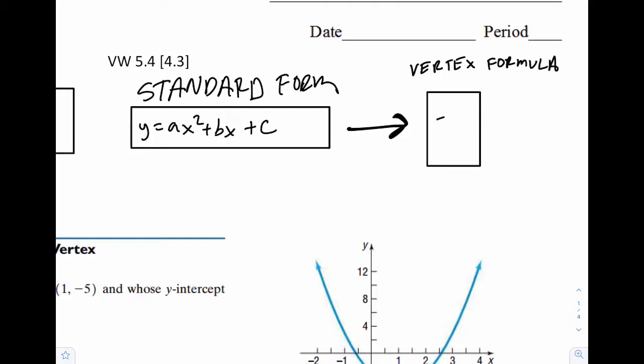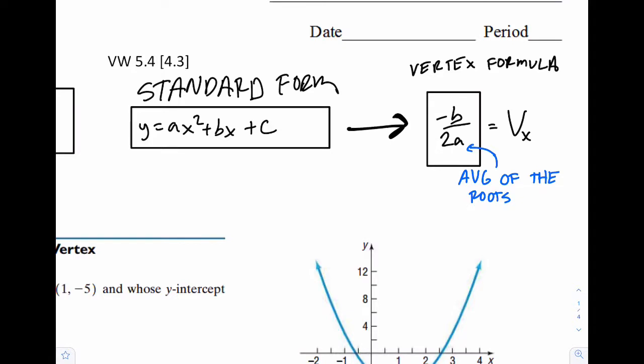So the thing you got to remember, negative b over 2a, that is the x coordinate of the vertex. That's why I wrote v with a little x right there. So that reminds you it's the x coordinate of your vertex. And hopefully you recall from our notes from last class, it's negative b over 2a because it's the average of the roots.